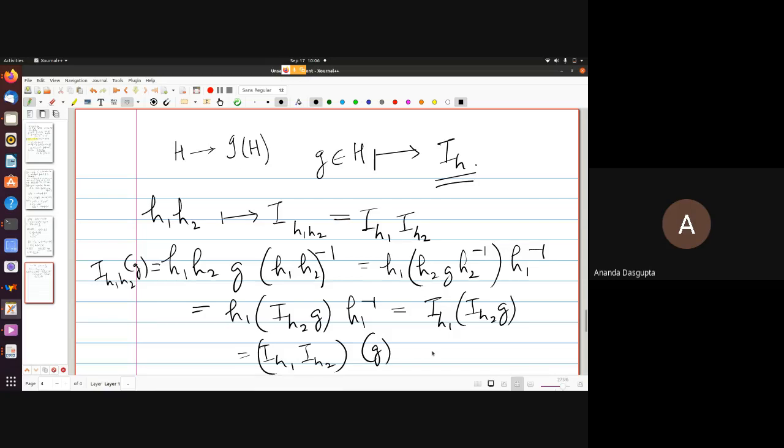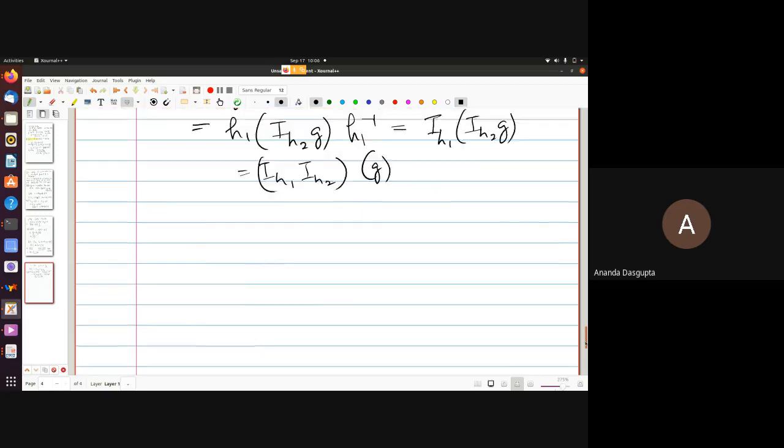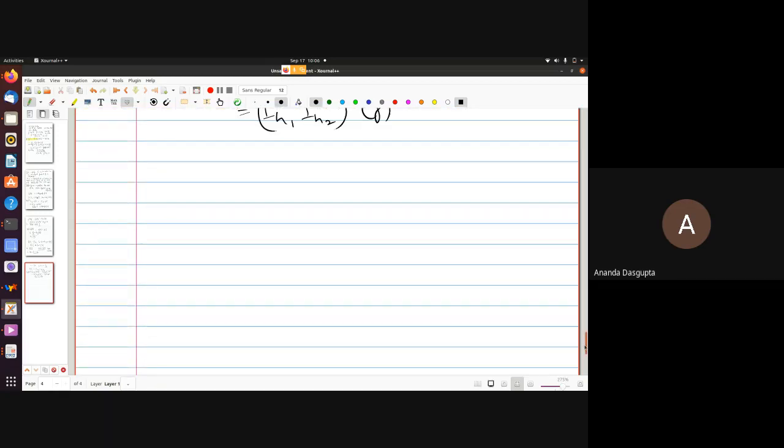But if Z(H) has a trivial center, only a trivial center, what happens is that this homomorphism becomes an isomorphism. Why does that happen? Remember, the map is h maps to I_h, right?